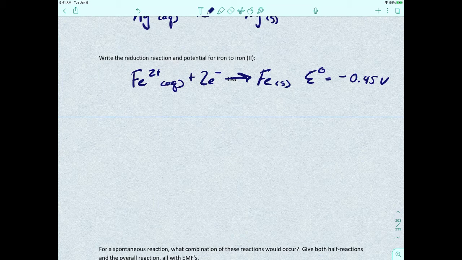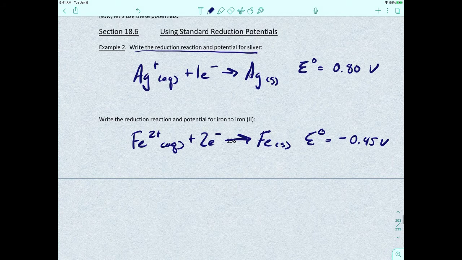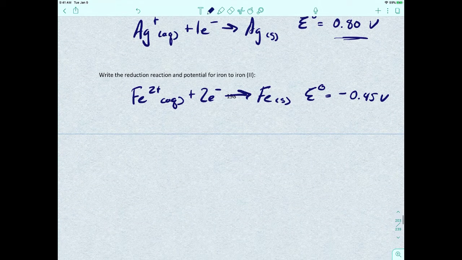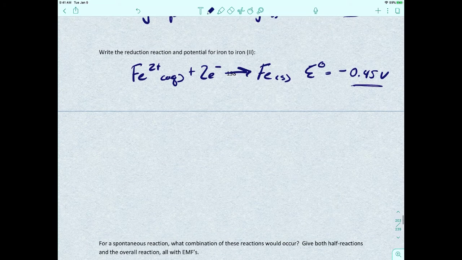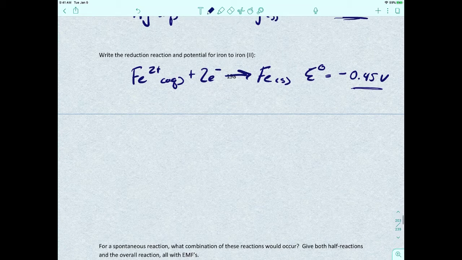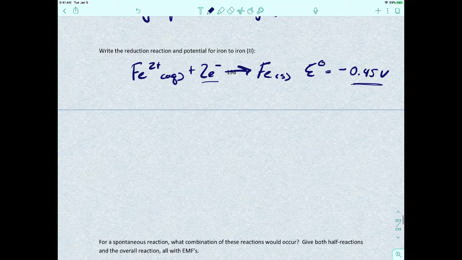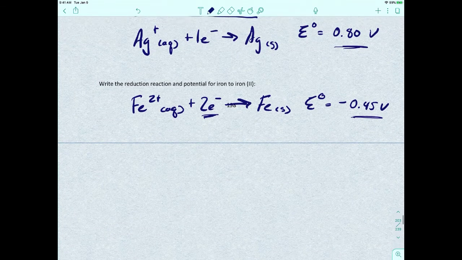Okay, so we know that we got silver, and silver generates 0.80. Iron is going to generate 0.45. So what we're going to do, we need to flip the iron around. All right, so also keep in mind that you've got 2 moles of electrons in the iron reaction.